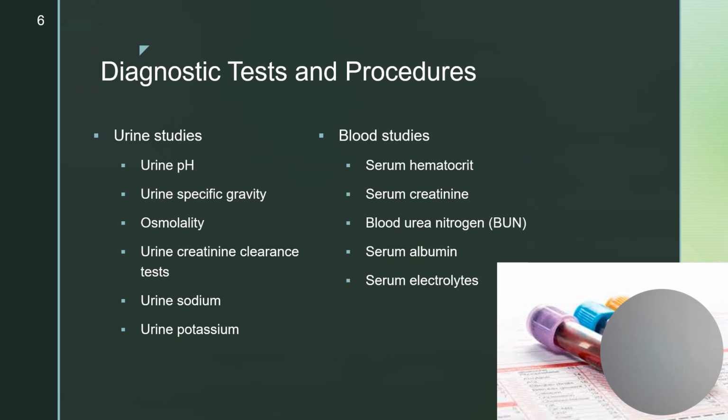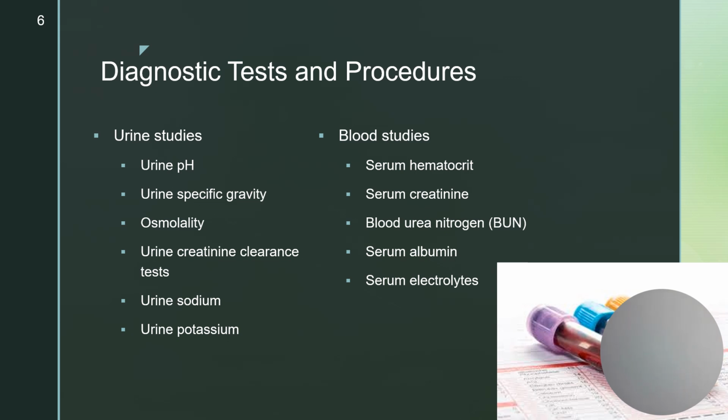Serum albumin is that plasma protein that helps maintain blood volume. So albumin is protein. Low levels can result in a reduced blood volume and edema because we have a transfer of fluids into that interstitial compartment.